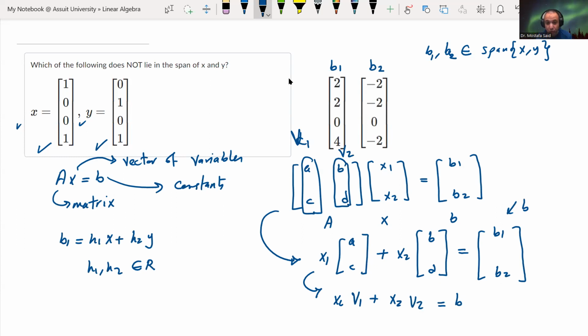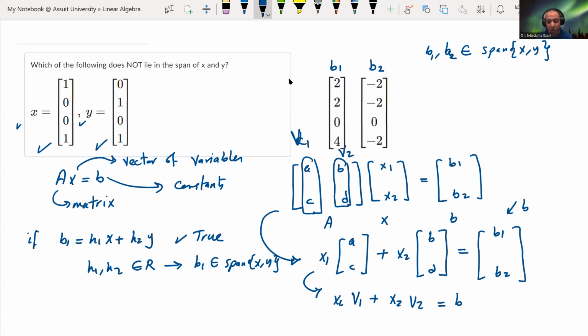Okay? If we could represent B1 like that, then that means B1 belongs to the span of X and Y.